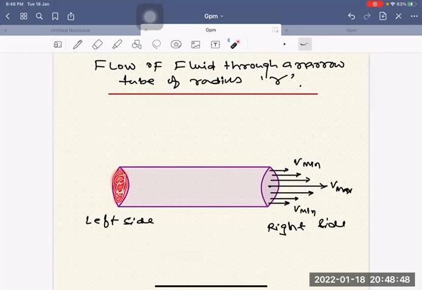Low. Why low? The flow is this way. The flow should be from high pressure to low pressure. Okay, sir. High pressure to low pressure. There should be the high pressure here, and there should be the low pressure.